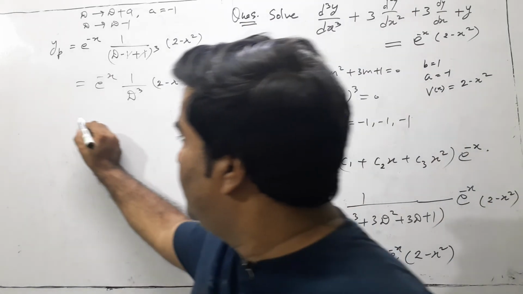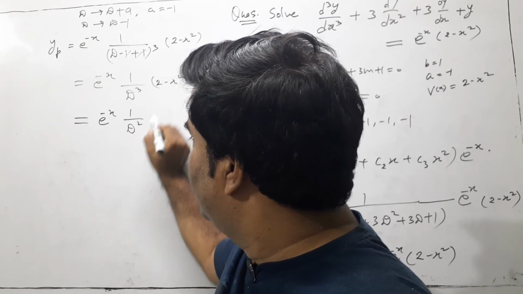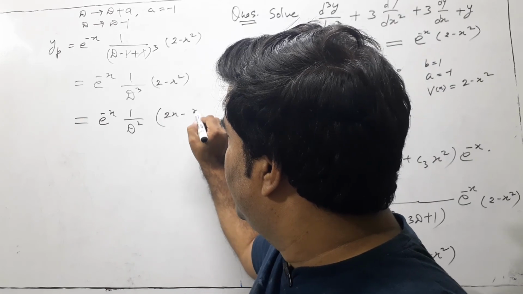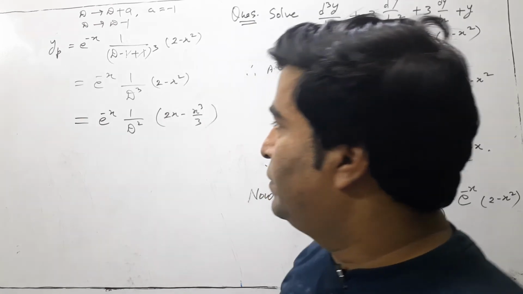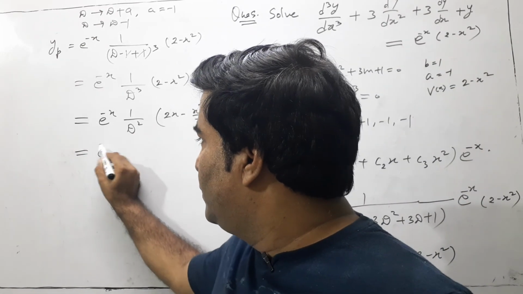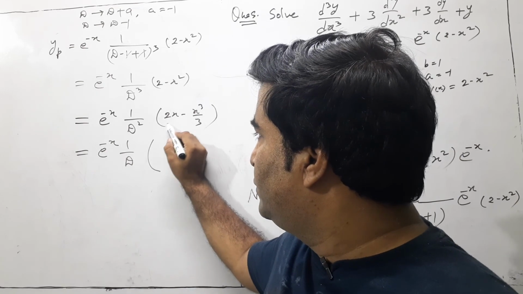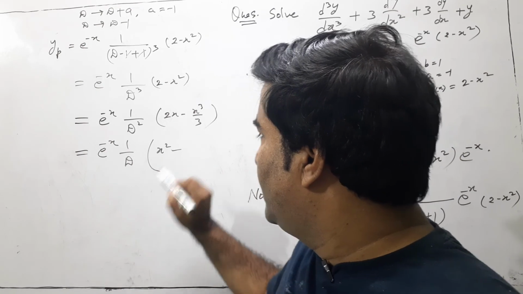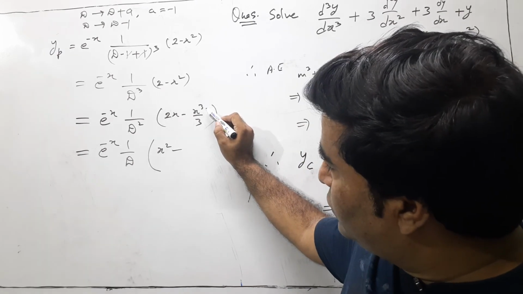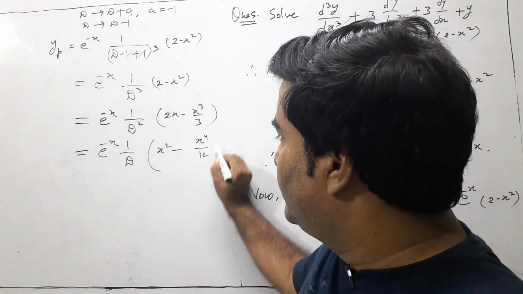So the first integration of this gives us 2x minus x cube by 3. Again integrating, 1 upon D, we get x square minus x to the power 4 upon 12.